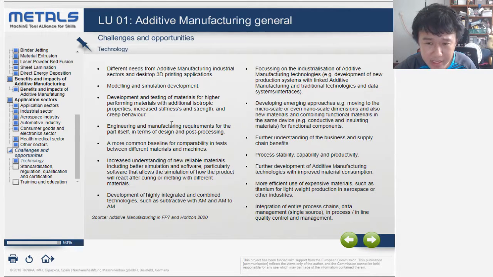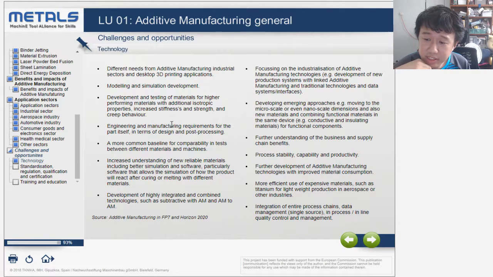Basically, it's a hybrid. They're trying to say there's an AM plus some machining subtractive form. I think the brands that come to mind are Automag, DMG Mori, and Mazak. They also have systems that do this sort of hybrid manufacturing.